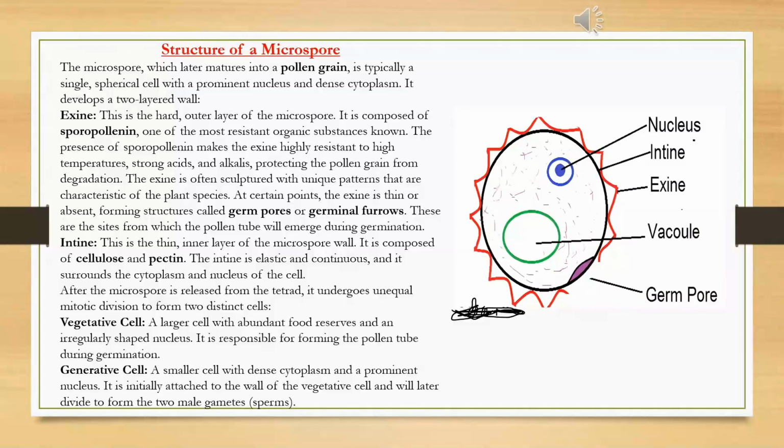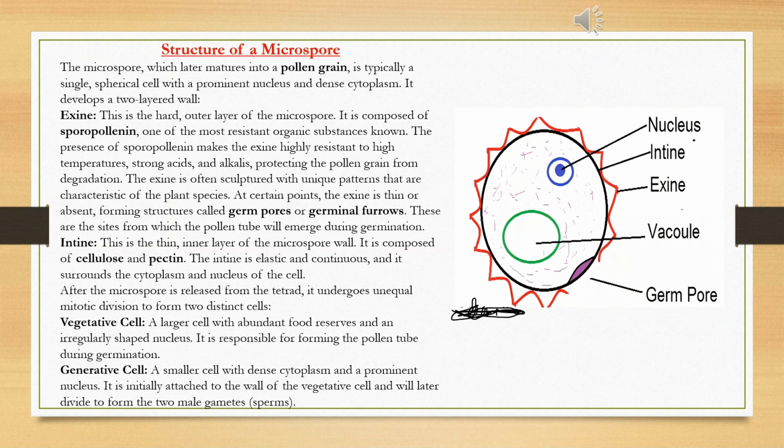The exine is often sculptured with unique patterns that are characteristic of the plant species. At certain points, the exine is thin or absent, forming structures called germ pores or germinal furrows. These are the sites from which the pollen tube will emerge during germination. The second one is the intine.